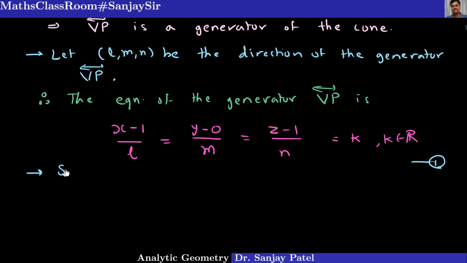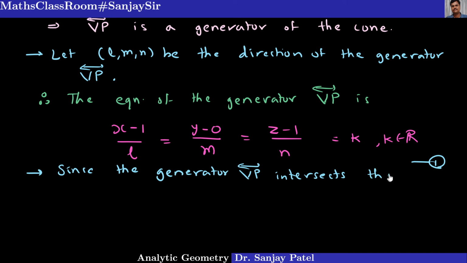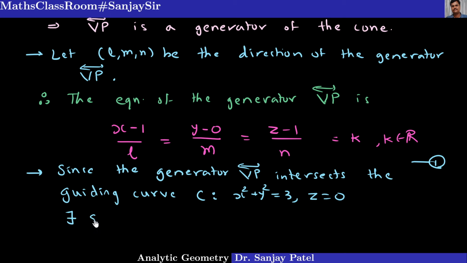Since the generator Vp intersects the guiding curve or base curve, say C, given by x square plus y square is equal to 3, comma z is equal to 0, we can find some k belongs to R here.